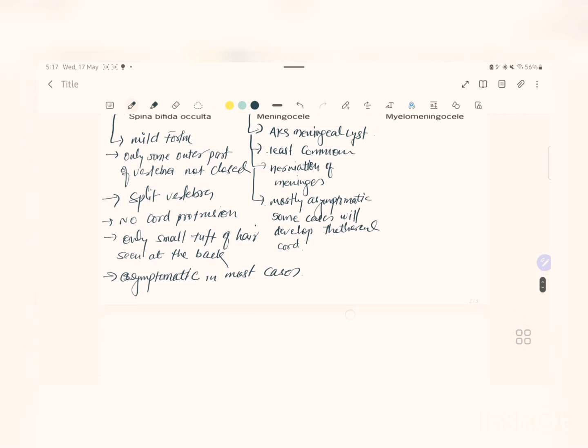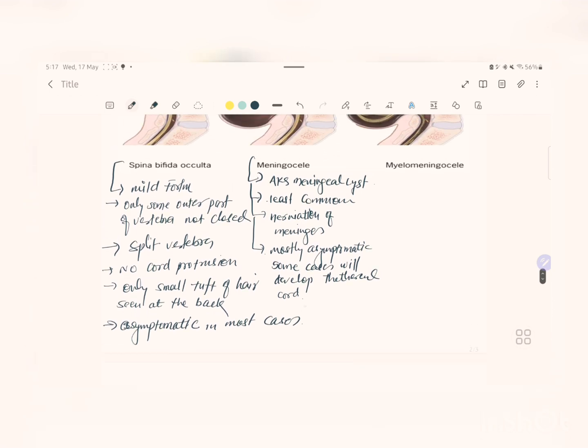This meningocele is mainly located in the lumbar region, or in some cases it may be located in the cervical region, where it presents as an occipital myelocele.